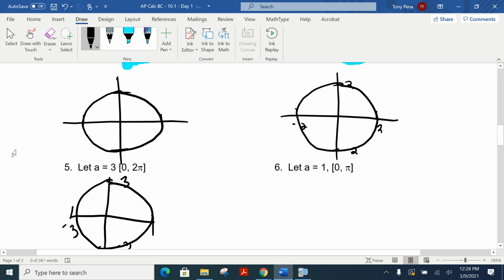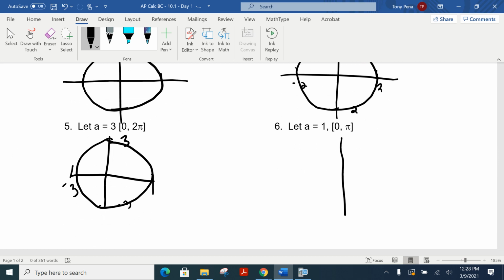Before you use your calculator, sketch what you think this would look like. And then use your calculator, confirm whether or not your initial thought was correct.